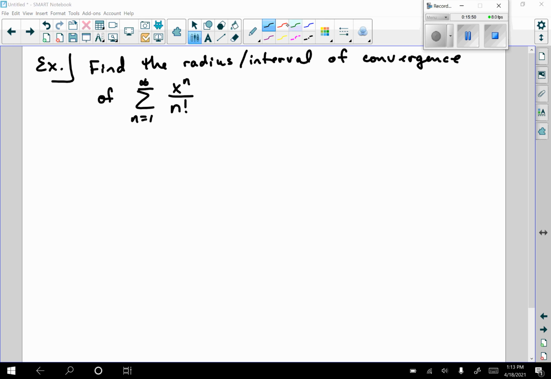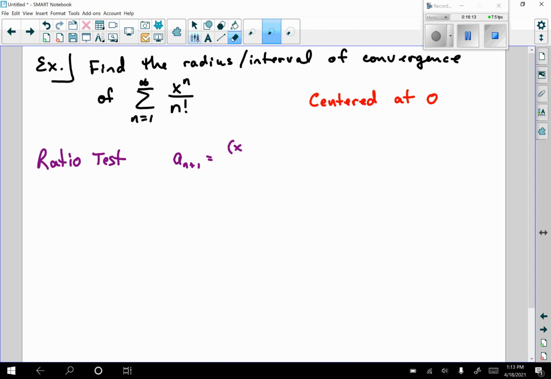So if you notice where x is, there's no quantity here, so that means we're centered at 0. And we'll use the ratio test. So we'll let a sub n plus 1 become the quantity x to the n plus 1.